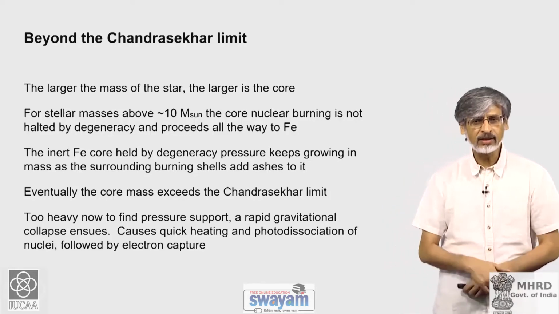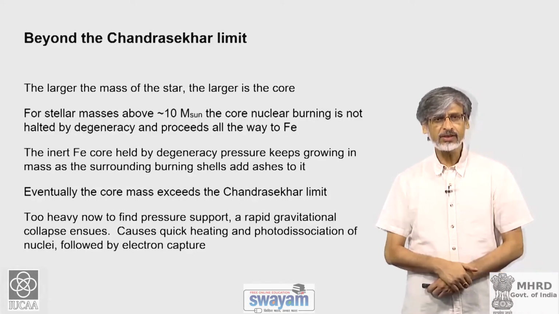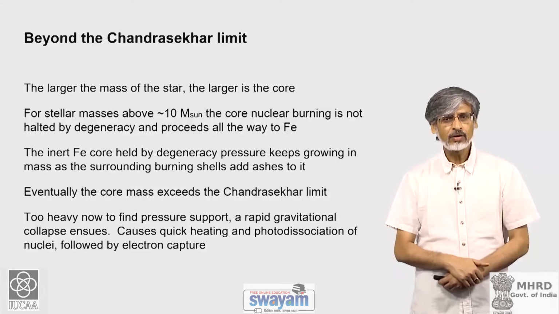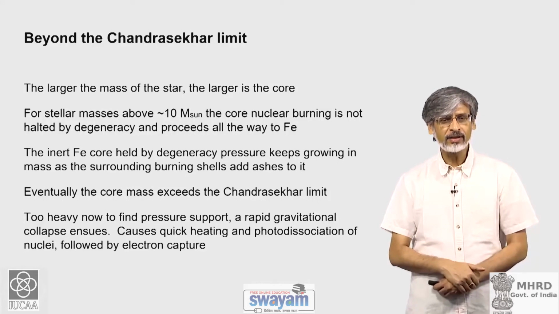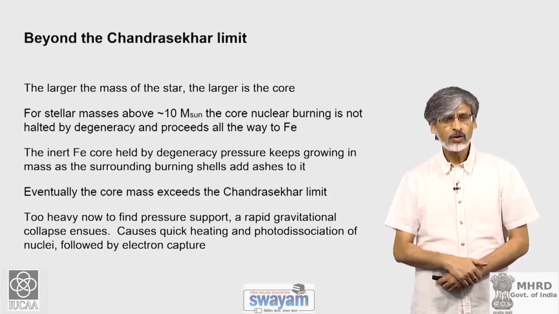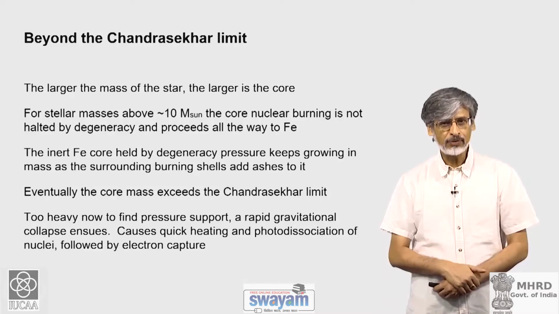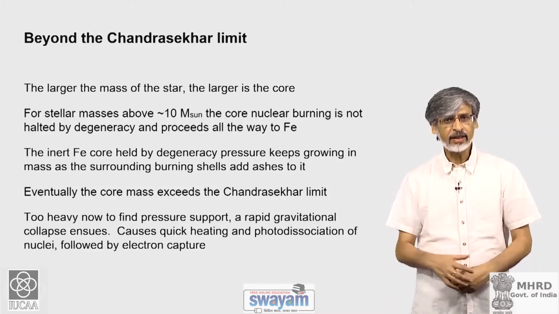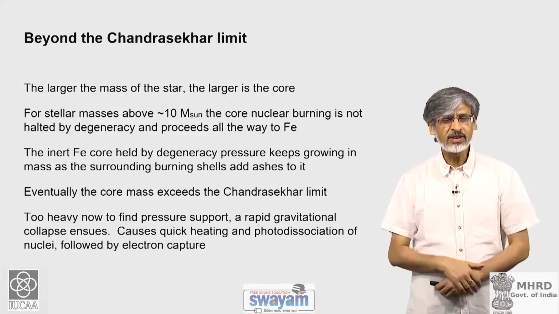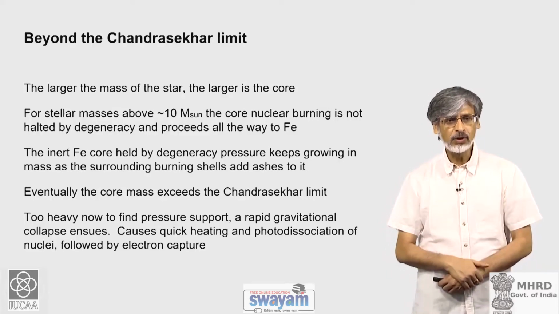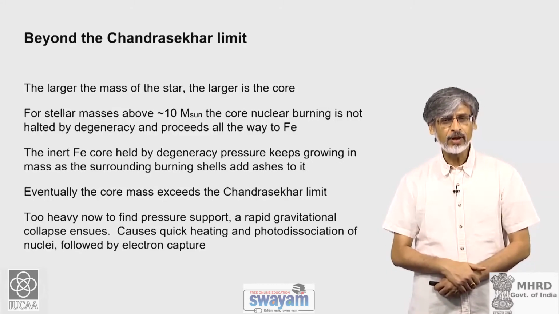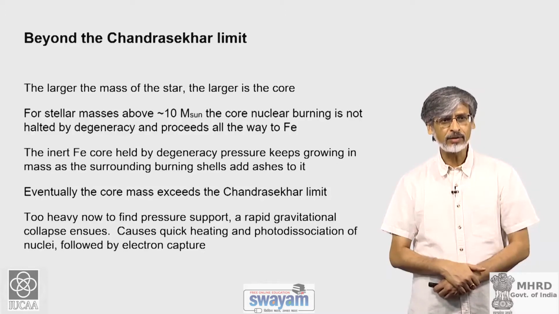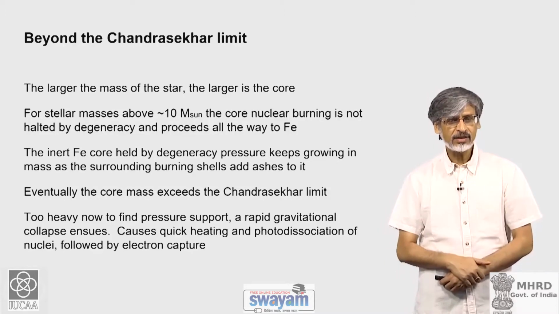As the photodissociation occurs, simultaneously one will also find that the electrons present in that same volume are getting squeezed even tighter, and as they get squeezed even tighter, their Fermi energy and Fermi momentum will continue to rise.